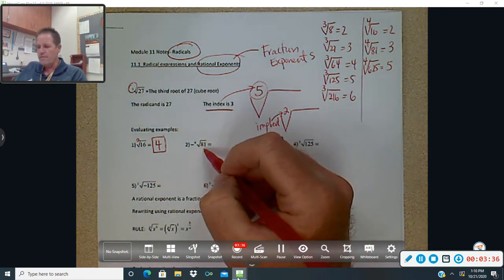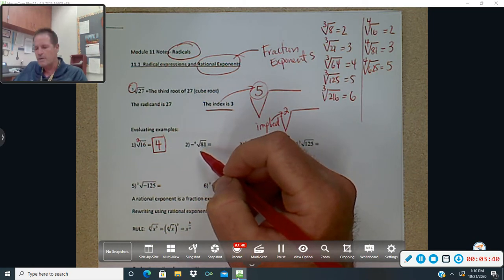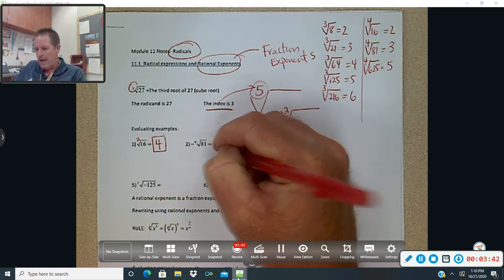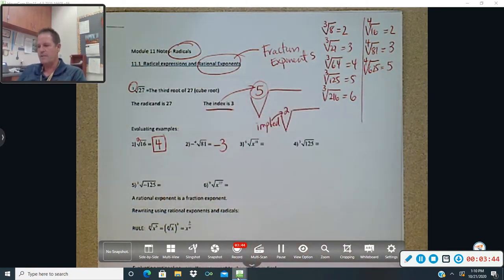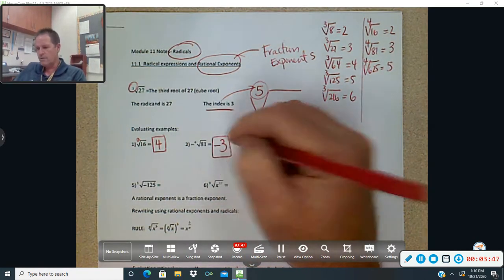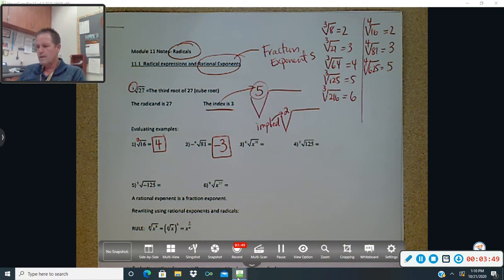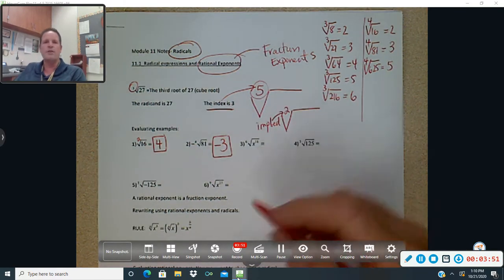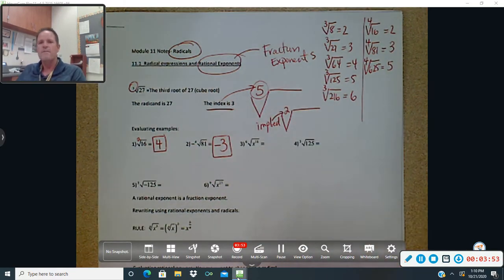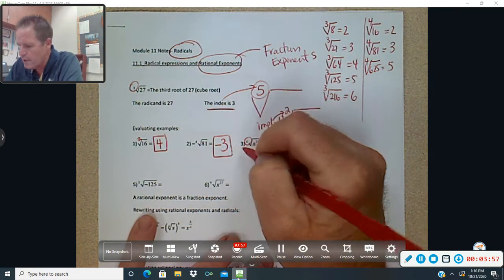The fourth root of 81, we're looking for something multiplied by itself 4 times to make 81. That'd be 3, and the negative is sitting out front. So the answer there is negative 3. Now, sixth root of x to the 18, you're looking for groups of 6. This is where it gets a little bit confusing for kids, so we'll be working a lot on this.